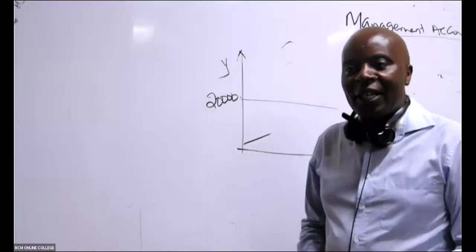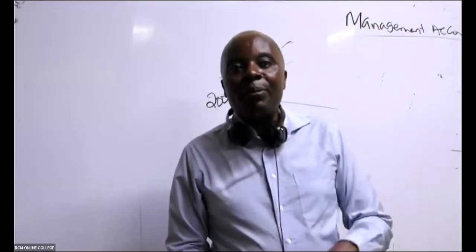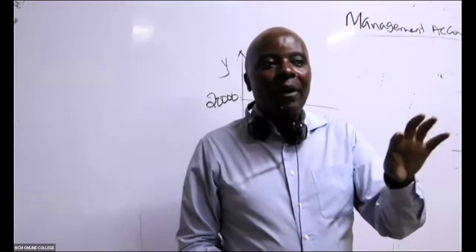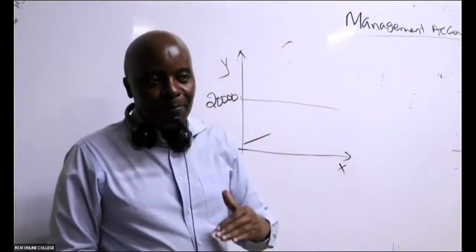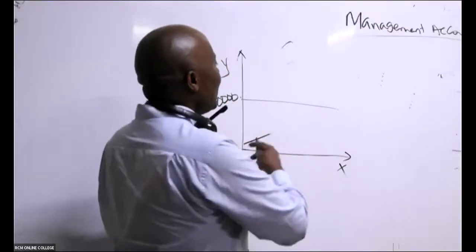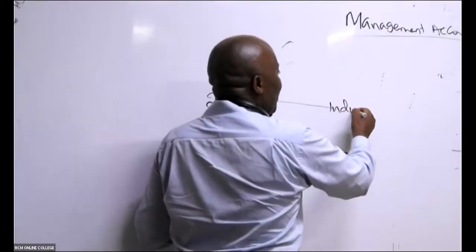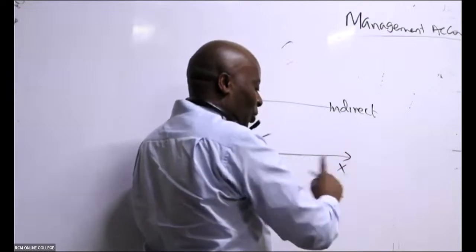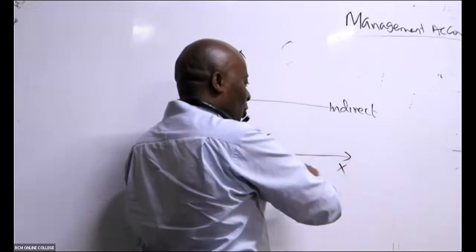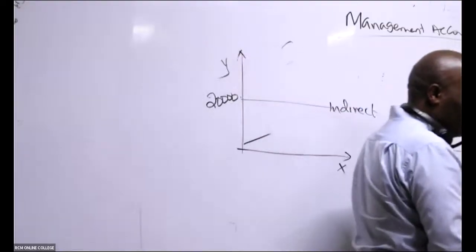Will he accept? No, because rent is periodical. It's payable on a monthly basis, regardless of our volume of activities. So this becomes what we call an indirect cost. Indirect costs do not have any association with the volume of production. You produce 0, you still pay it. You produce whatever, you still pay it.